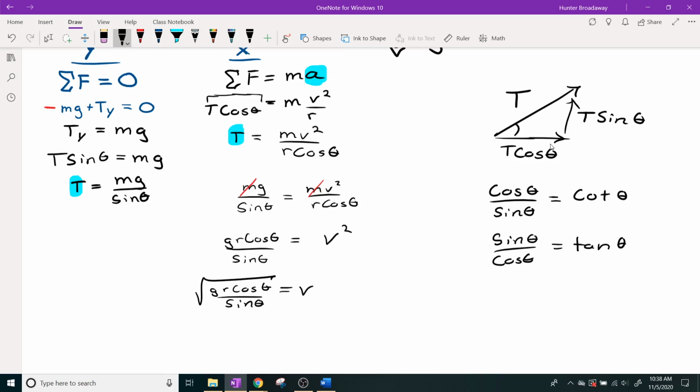Do y'all even know what a cotangent is? Okay. Cotangent is what happens whenever you flip over the tangent. If you know your SOHCAHTOA, it's not tangent to the negative one. That is the inverse. It is the reciprocal.